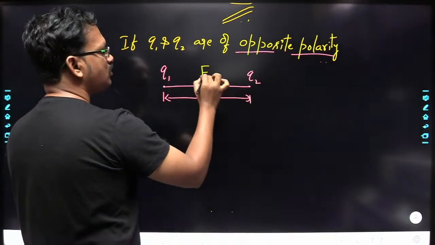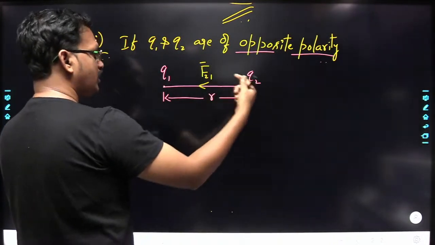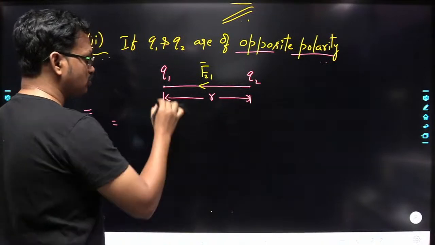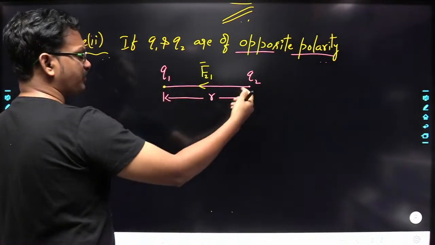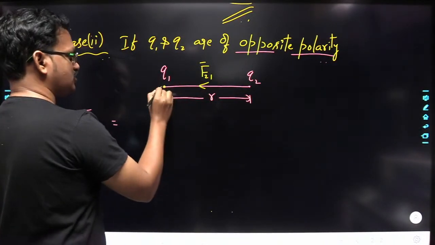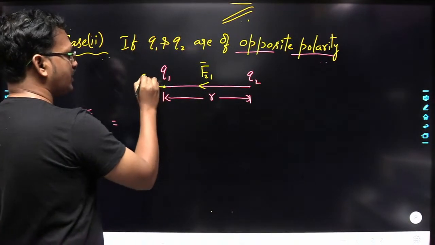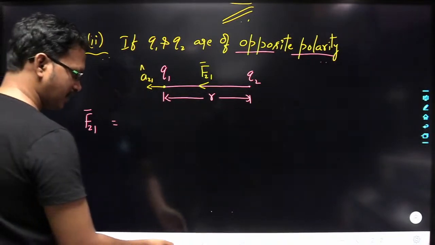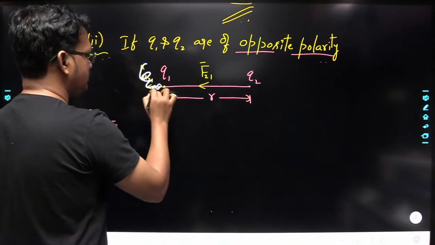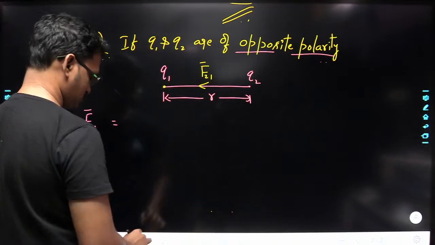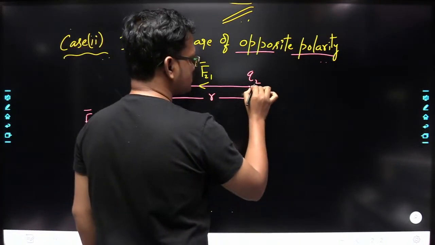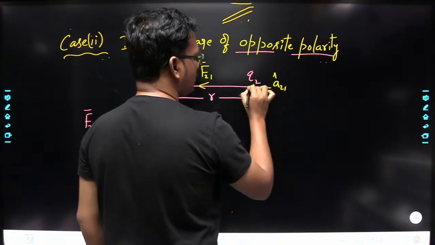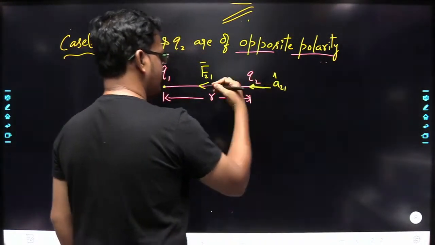So the force on 2 due to 1 is going to point in this direction. Yes or no? So that means you have to represent the unit vector in this direction. So now in this case, A21 cap is going to point in this direction, right?